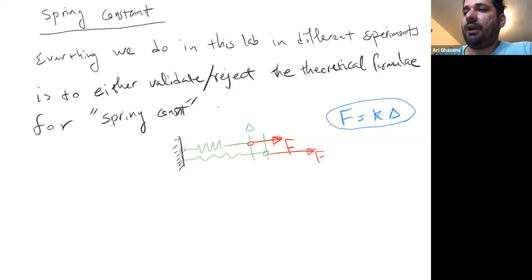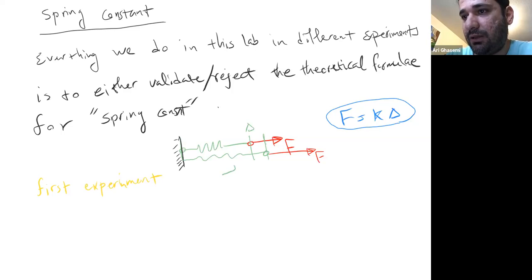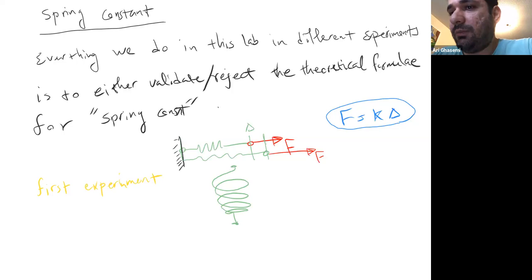So if I actually give you an actual spring, which is the subject of the first lab, the first experiment, the physical spring, a coil like that with 2 ends, you apply different forces to it, you measure deflection, and then you find the spring constant.